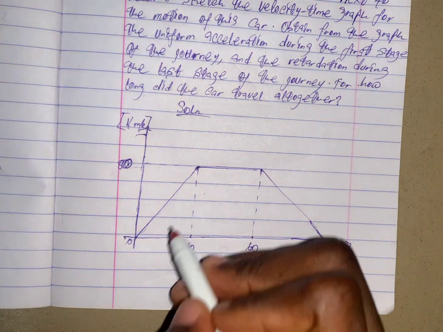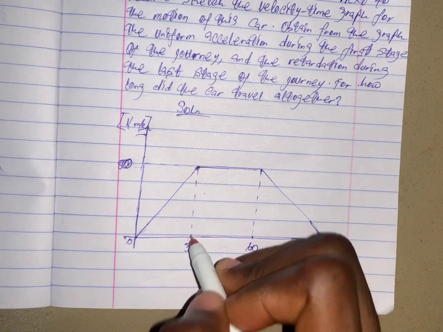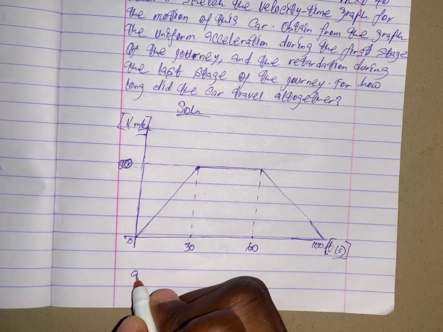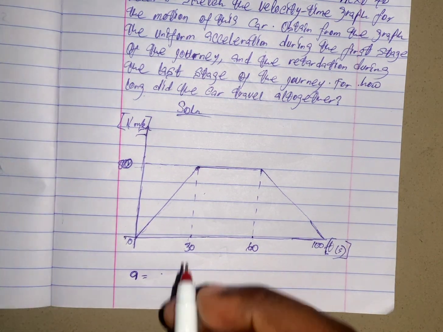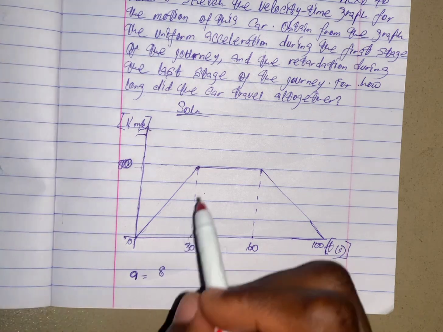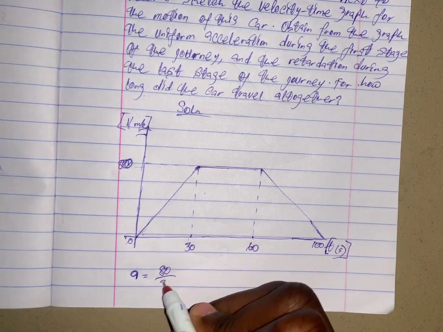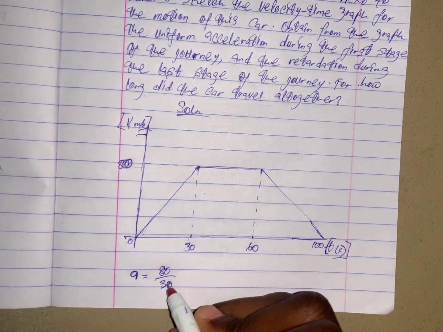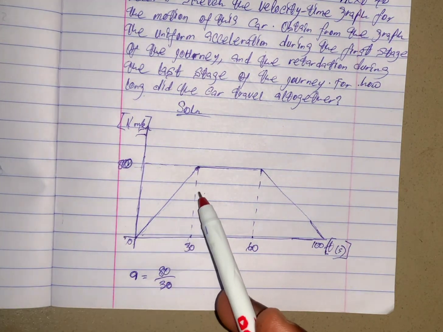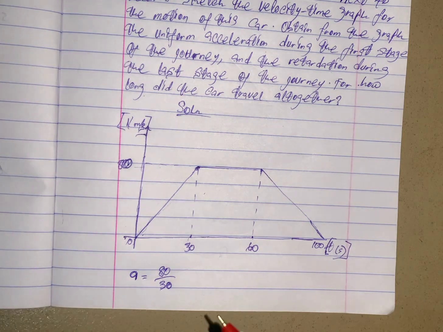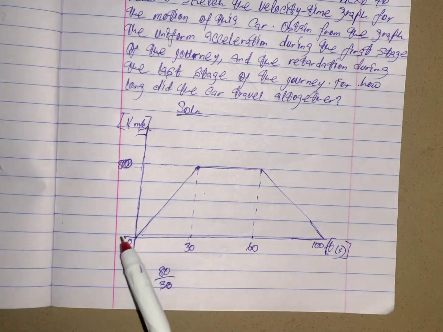So the velocity here, which is from here to here, is 80. So acceleration equals 80, which is the gradient of this line, over 30. So the gradient of a line is just like tan theta. Gradient of a line is the y-axis over the x-axis.